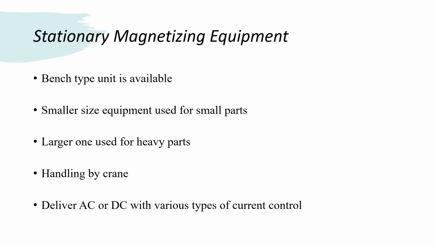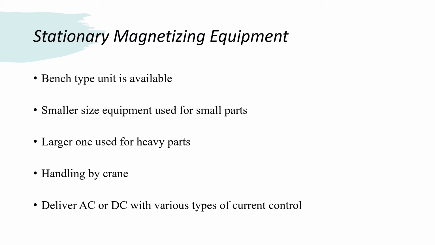The smaller size equipment is used for small parts that can be easily transported and handled by hand. The larger ones are used for heavy parts such as long diesel engine crankshafts, where handling must be made by cranes.